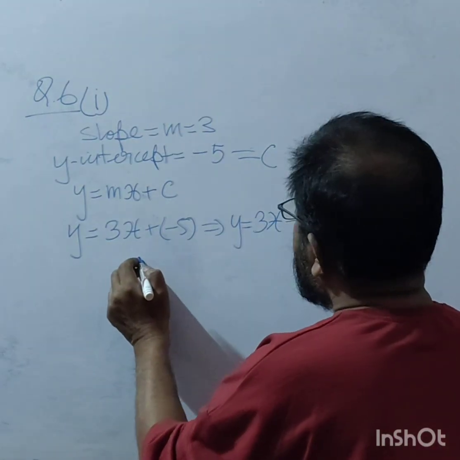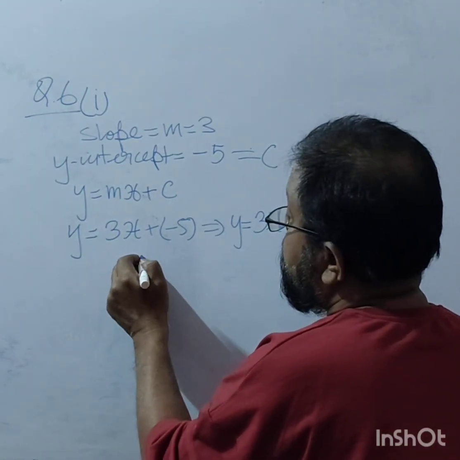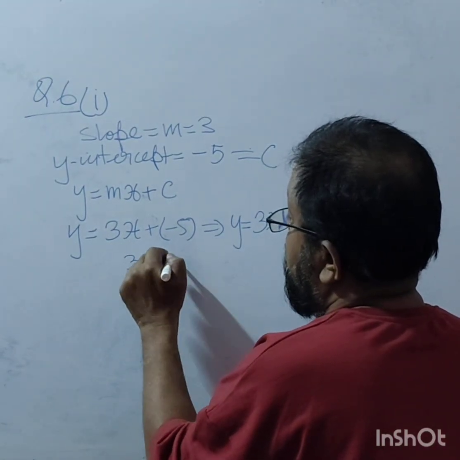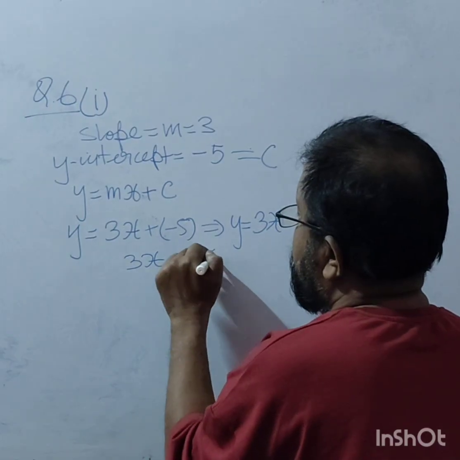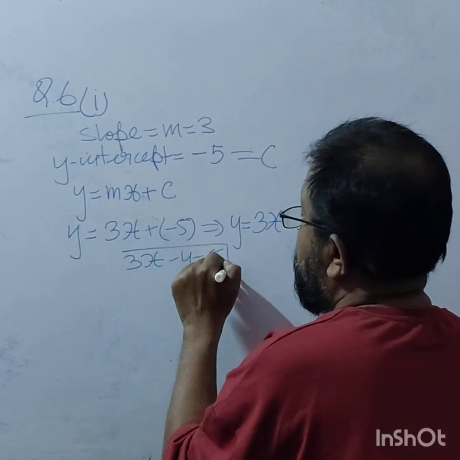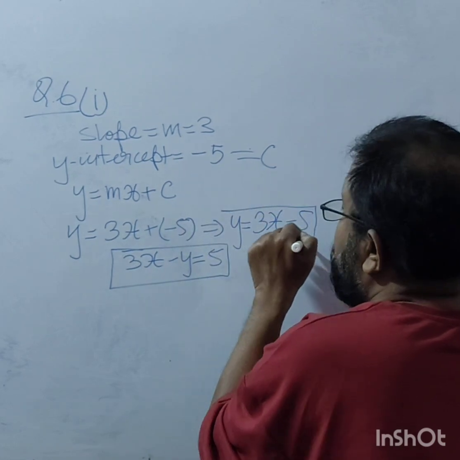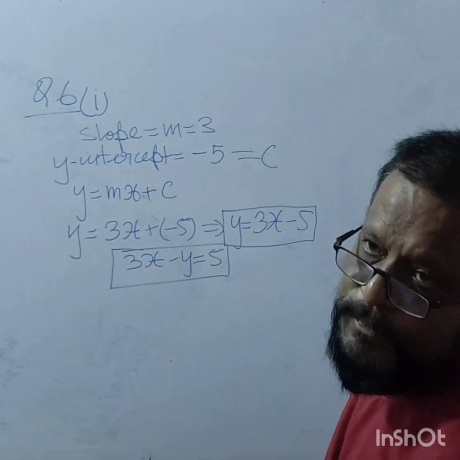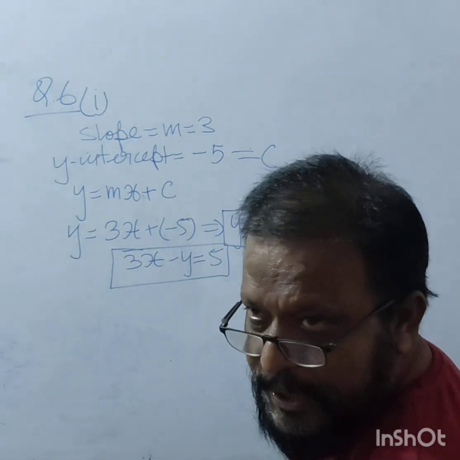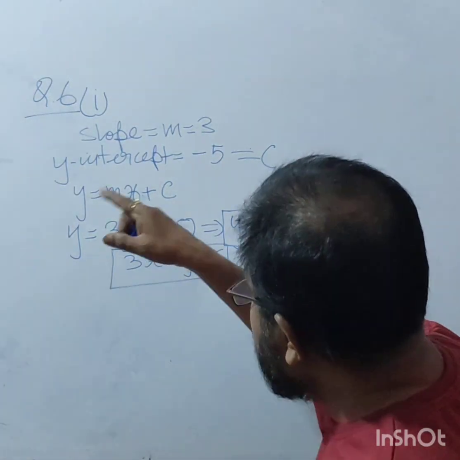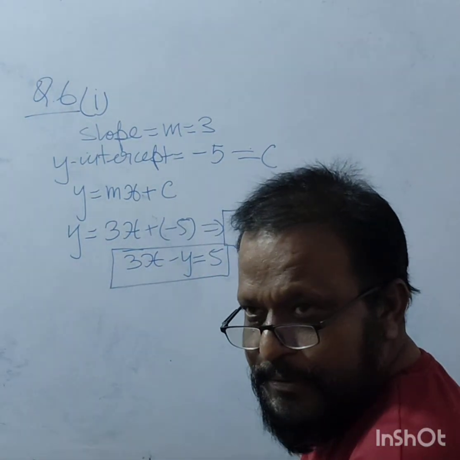Or you can write 3x minus y is equal to 5. Okay? Like this you can do the remaining ones on your own.